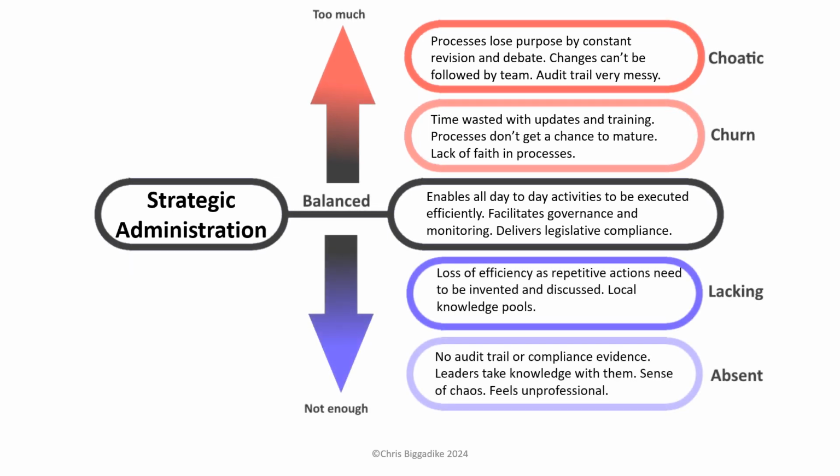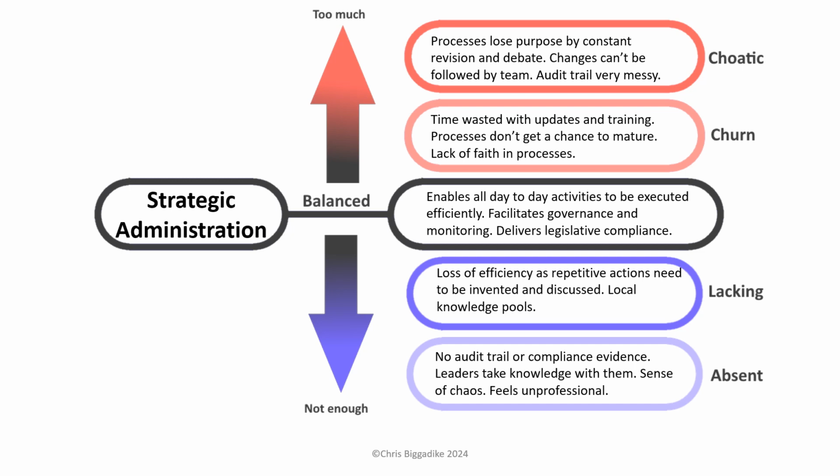But when there's not enough activity in this area, efficiency is lost. Repetitive actions need to be constantly reinvented and discussed because they're just not written down. You get local pools of knowledge, experts that understand a good way to do things that people need to go and ask. And when there really isn't any of this leadership going on, there's no audit trail.